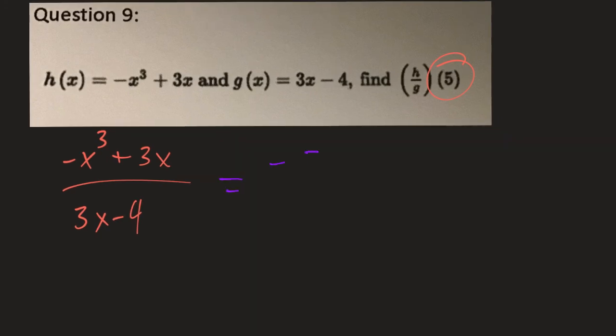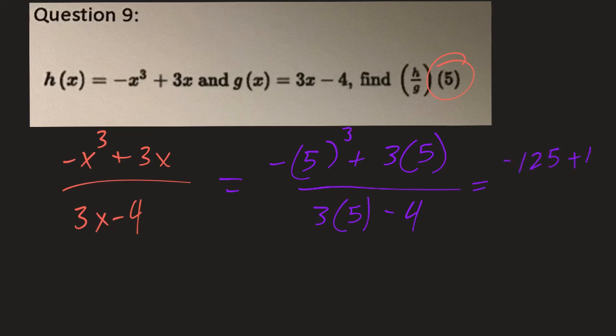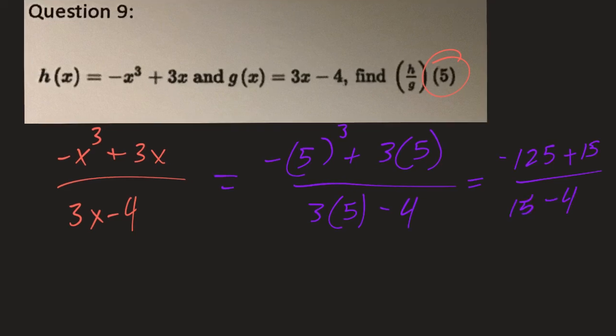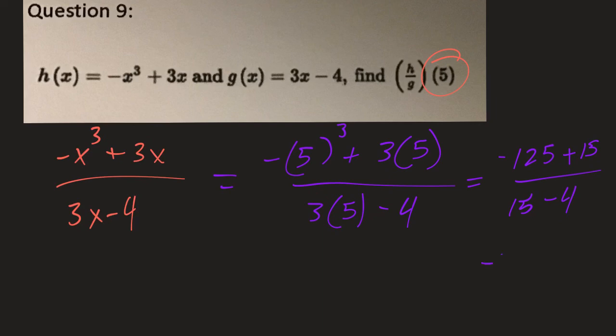We've got -5 cubed plus 3 times 5 over 3 times 5 minus 4. Okay, and simplifying, negative 125 plus 15 over 15 minus 4. And so we've got negative 110 over 11, which should just give us negative 10 as our final answer. Okay.